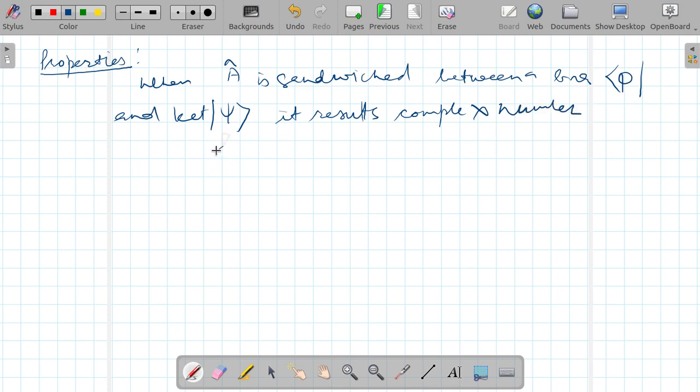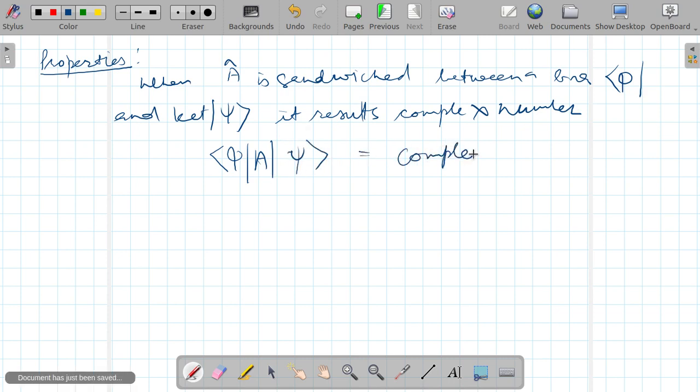That means this always gives us a complex number. Let us try to understand in more detail how this happens.